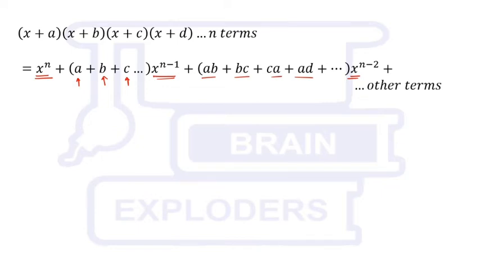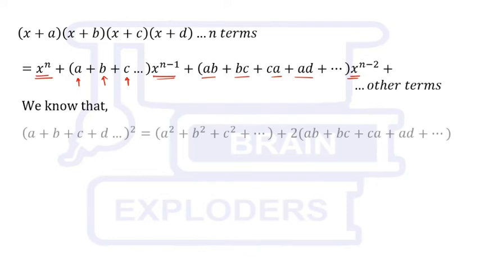One more thing which we know and will use in our question is that the whole square of a plus b plus c plus d and so on is equal to the sum of squares of a, b, c and d etc. plus 2 times (ab plus bc plus ca plus ad and so on).